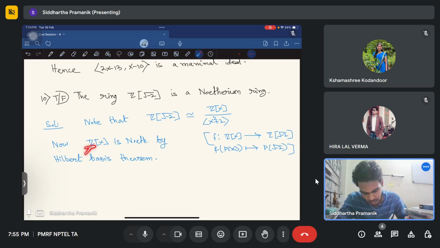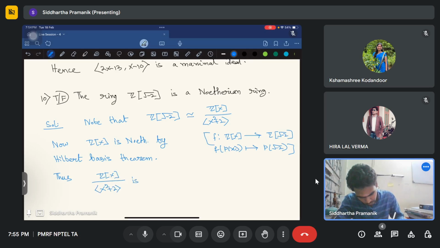So Z is Noetherian, so Z[x] is Noetherian. Thus its quotient is also Noetherian. So Z[root minus 2] is Noetherian. So this is true.